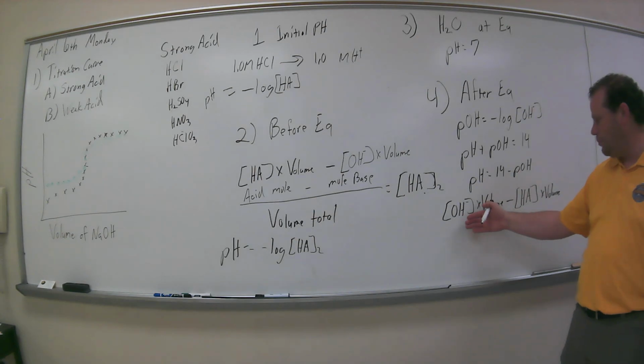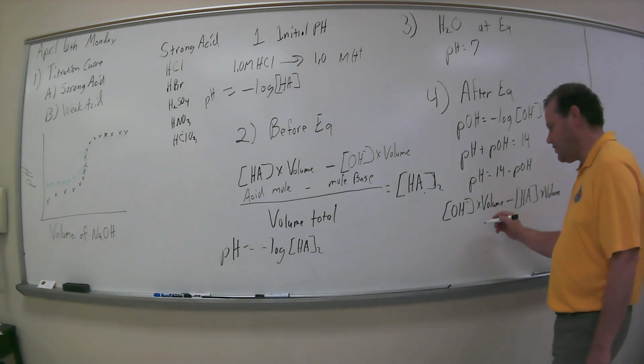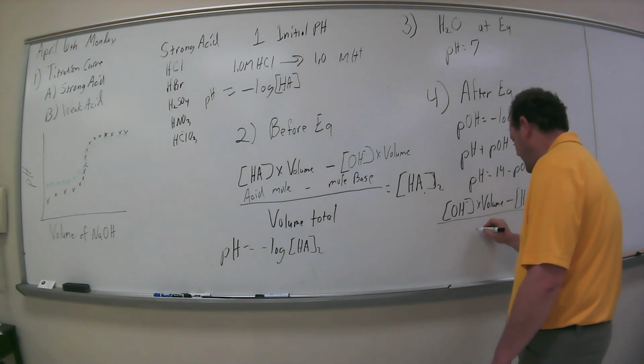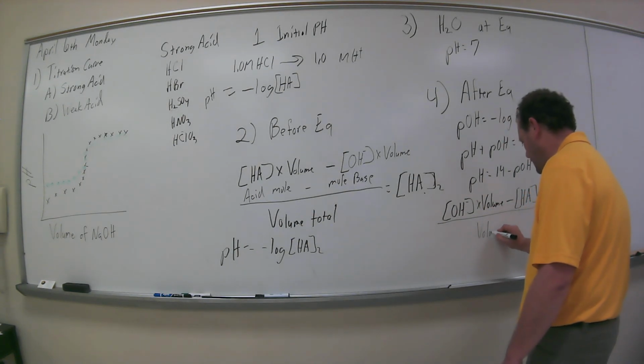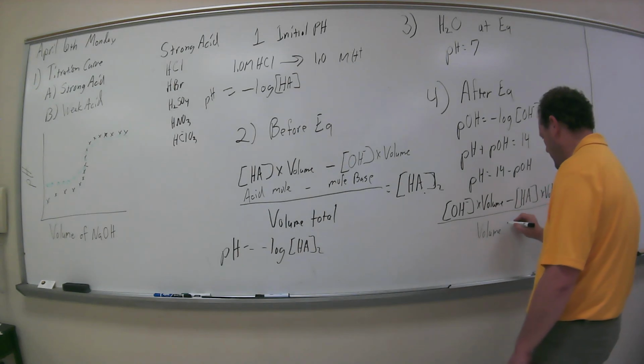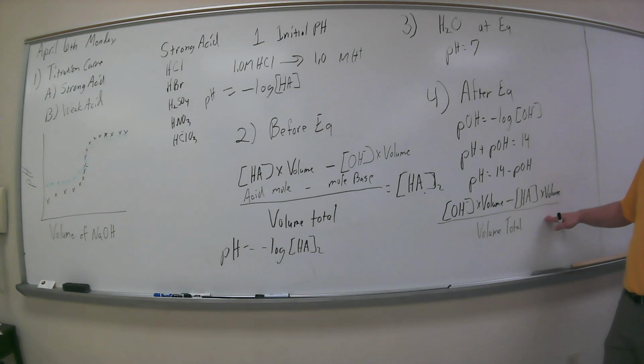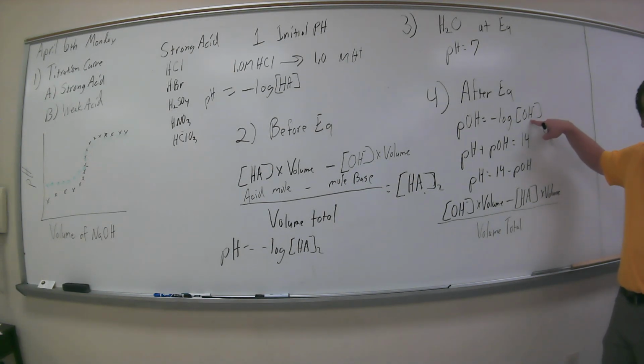So it tells us how many moles of base are left. And here again, we're going to divide this by our total volume. Okay. Once you calculate that, that is your hydroxyl concentration.